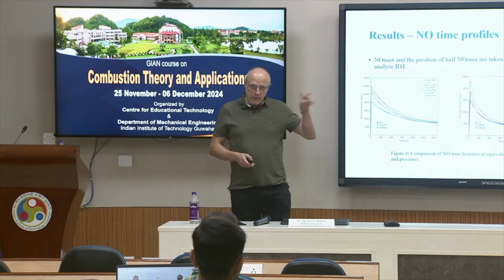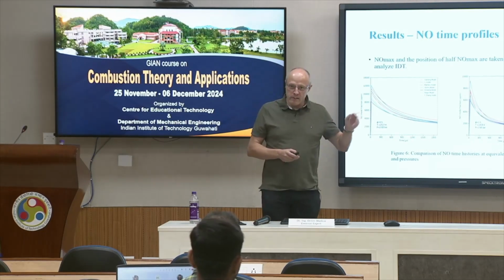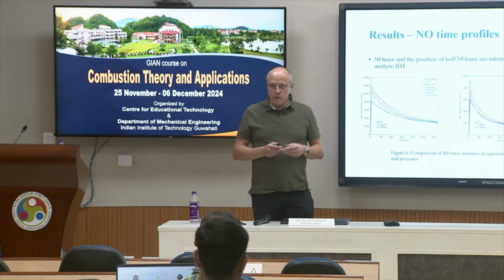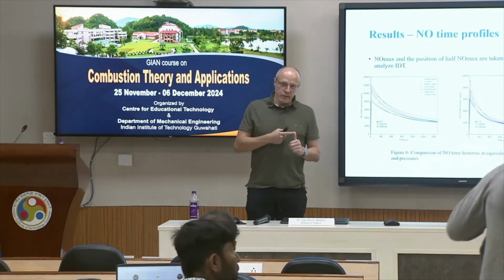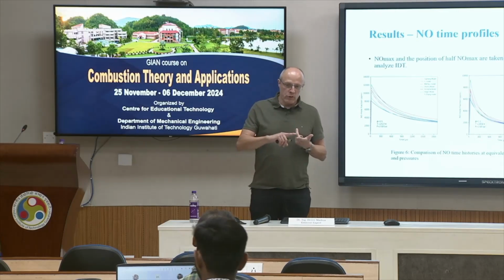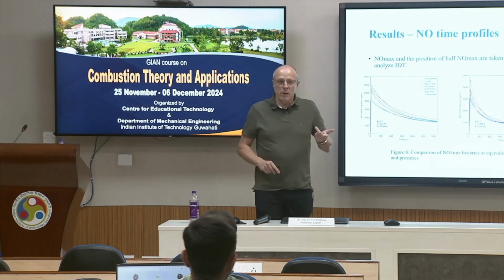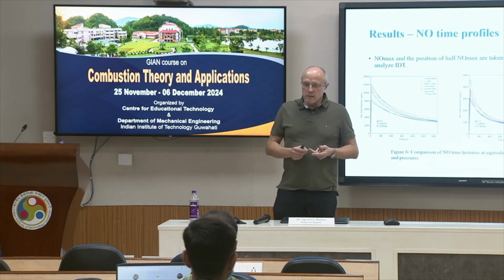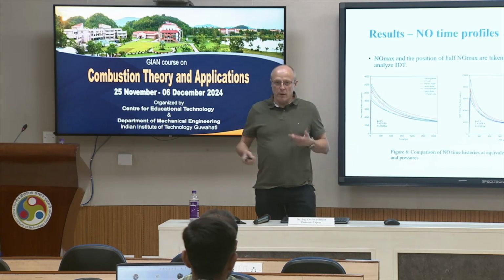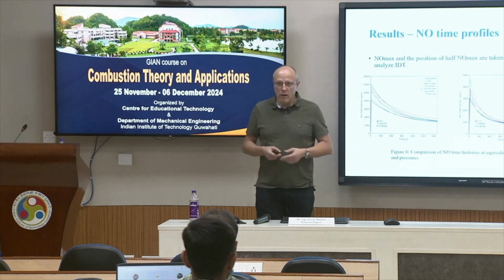The mathematical tool maybe has calculated something, but you don't know if it's correct. You could use wrong initial conditions. You could use a wrong mechanism, which is maybe optimized for 1 bar and laminar velocity, but you want to calculate an ignition delay time at 40 bar, and so on and so on.